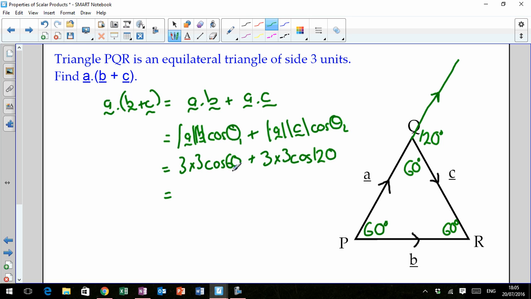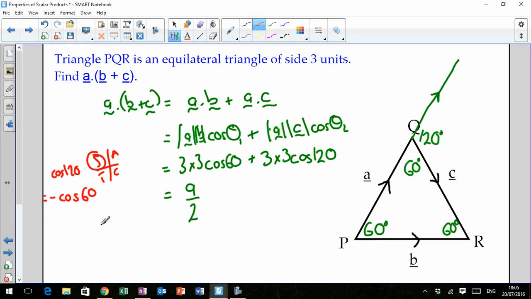3 times 3 cos 60 from our exact values is a half, so that's going to be 9 over 2. And then for cos 120, I'm just going to do a little bit of work at the side. Looking at my CAST diagram, 120 is in the second quadrant where cos is negative, so it's going to be a negative cos. The equivalent angle is 60 degrees back to get to 120.